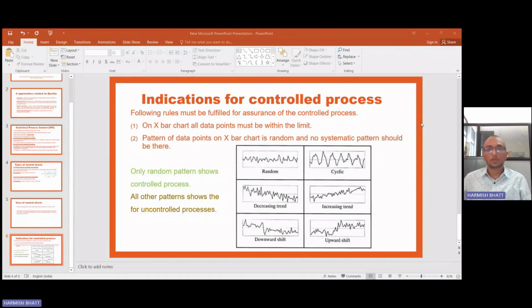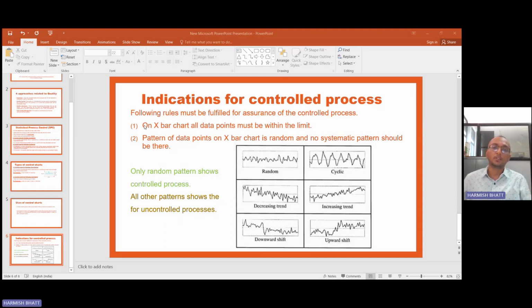Now to decide whether the process is controlled or uncontrolled, the chart must follow two rules. To understand these two rules, we are considering the X bar chart. The first rule is that on the X bar chart, all the data points must be within the limit.